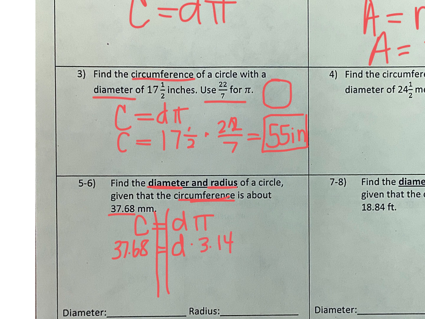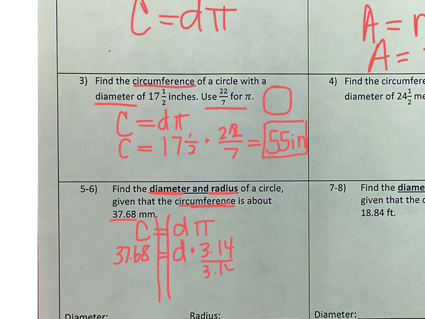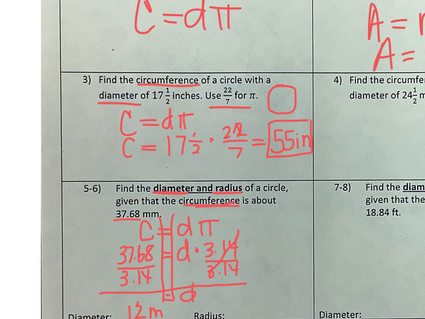To undo multiply, we divide by 3.14. If we divide that side, we have to divide this side, and it's going to tell us the diameter is 12. Again, a line, so it'll just be millimeters. And the radius is half of that, so it'd be 6 millimeters.